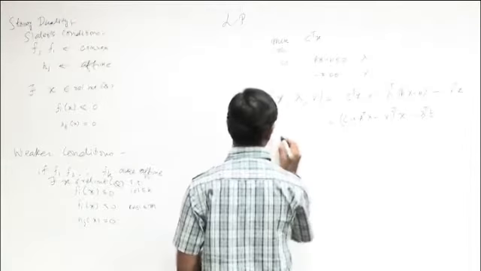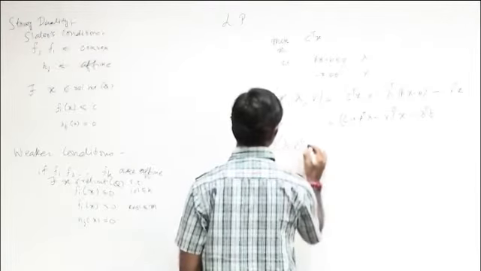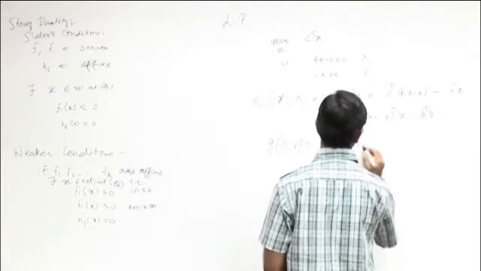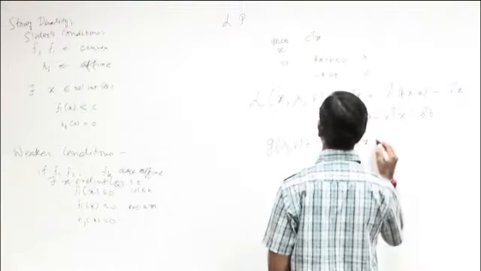Is that clear? Now G of lambda, nu is given by the minimizer over x of the Lagrangian.